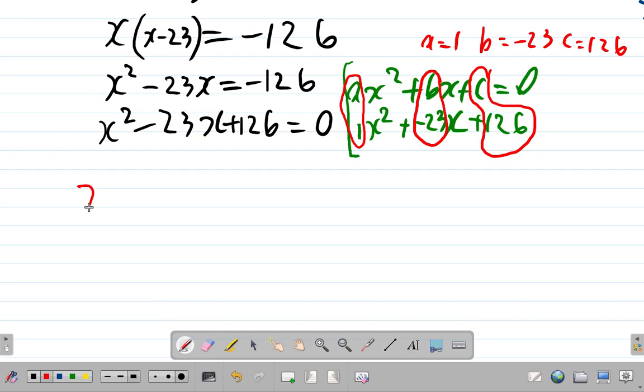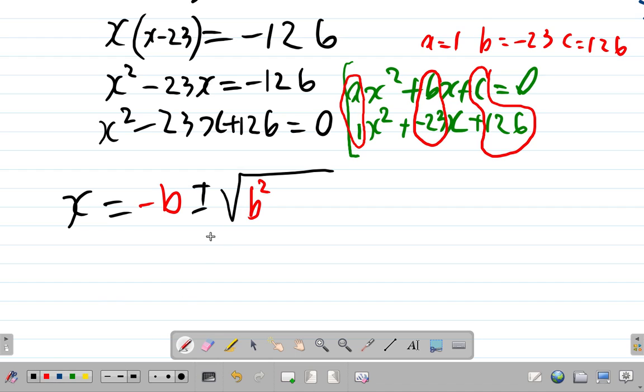The formula says x equals negative b plus or minus the square root of b squared minus 4ac, divided by 2a.